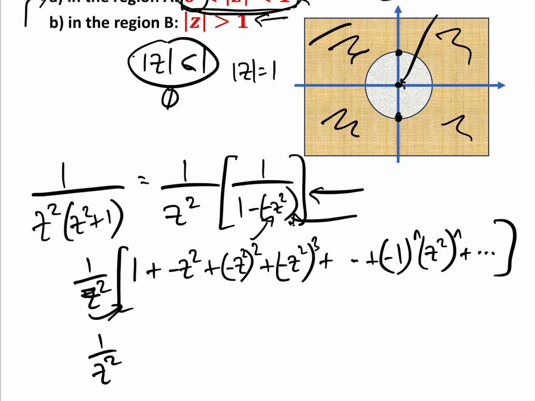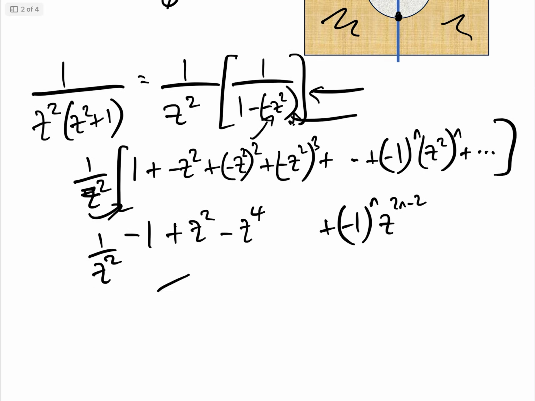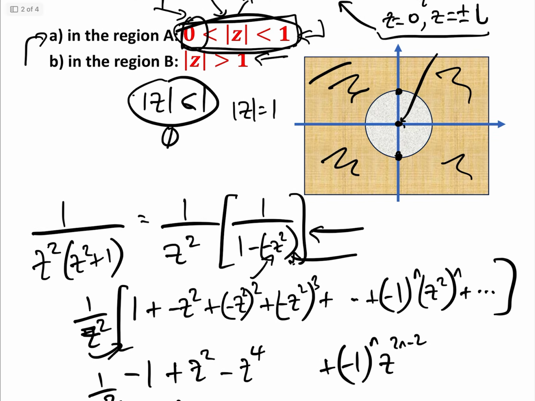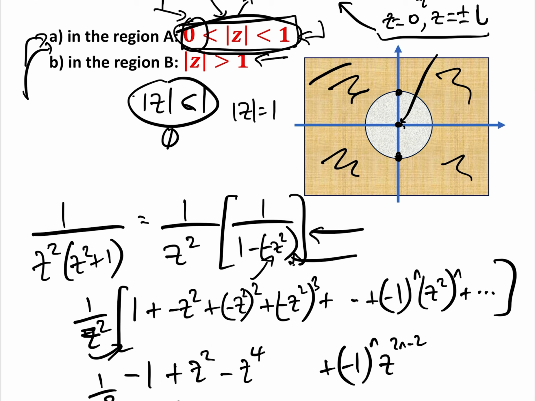That gives us 1 over z squared minus 1 add z squared minus z to the 4 add z to the 6 minus blah blah blah add minus 1 to the n times z to the 2n minus 2, which, writing it in summation form, would be the sum from n equals 0 to infinity of minus 1 to the n z to the 2n minus 2, and we've already established that that is valid as long as mod z is less than 1, which is region A, and as long as it doesn't include the point 0.